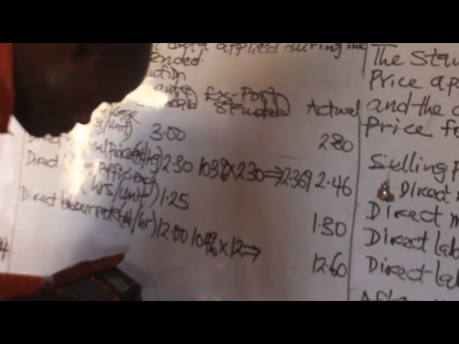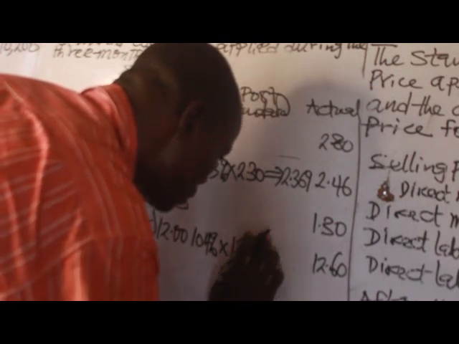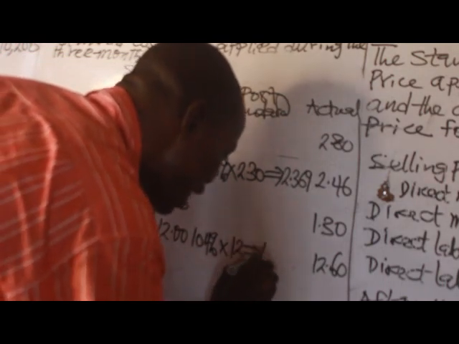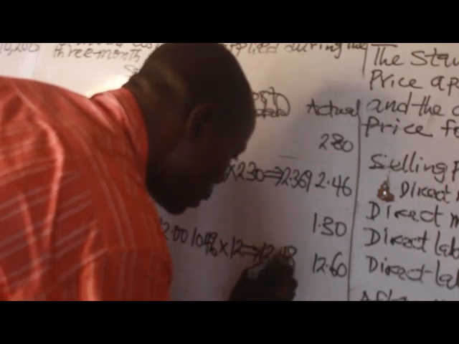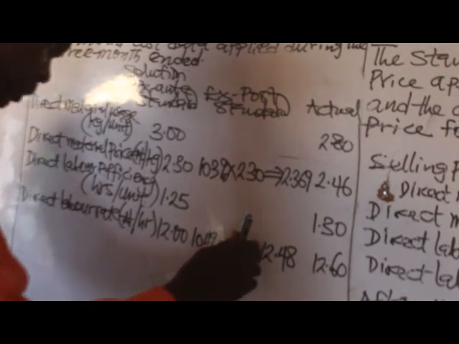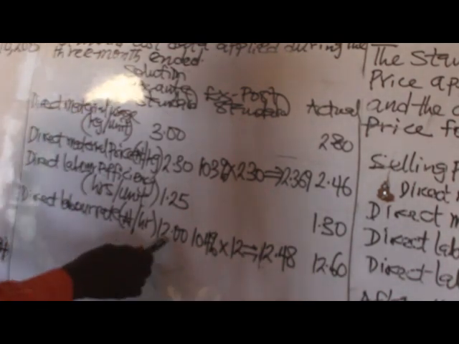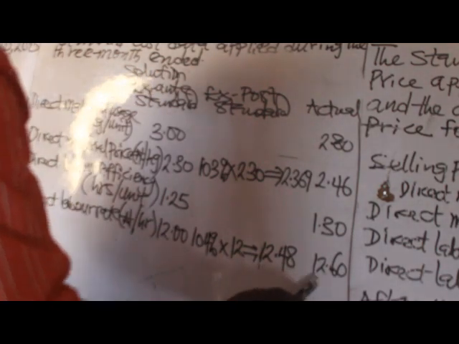That gives us 12 naira 48 kobo. Therefore, this is the ex post standard rate, 12.48. This is the ex ante standard rate, 12 naira, while the actual rate is 12.6.